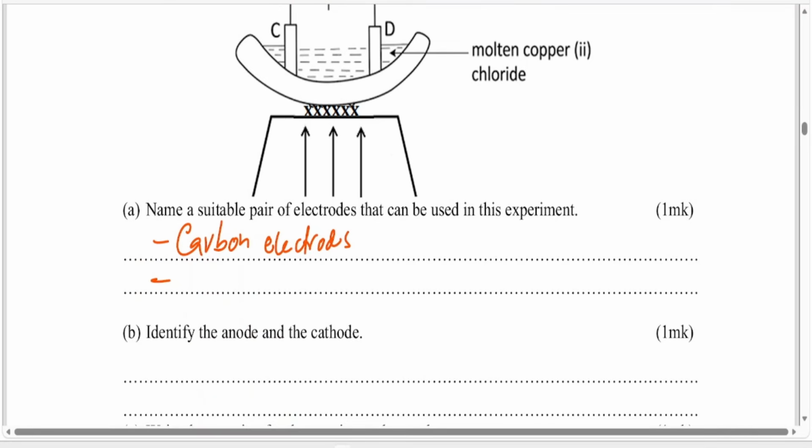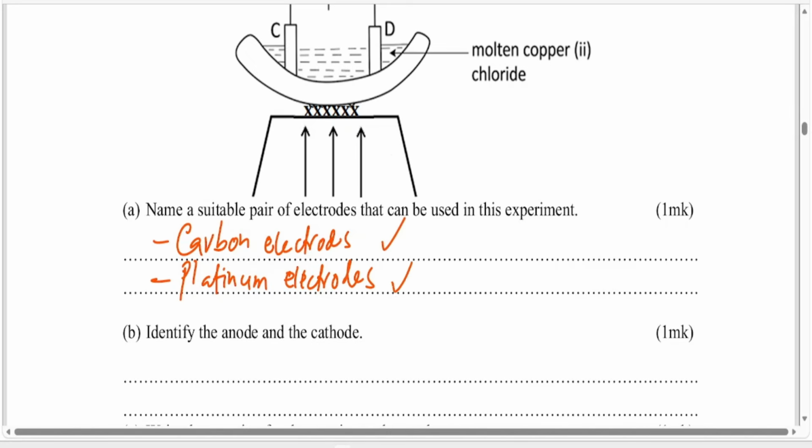Another one that we may use is platinum electrodes, which are also inert. Platinum electrodes do not react, or take part, with most of the electrolytes that are used. So these are inert electrodes that are used.